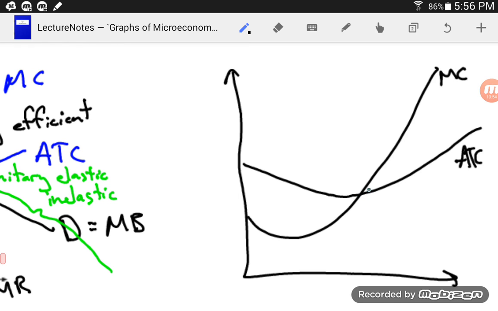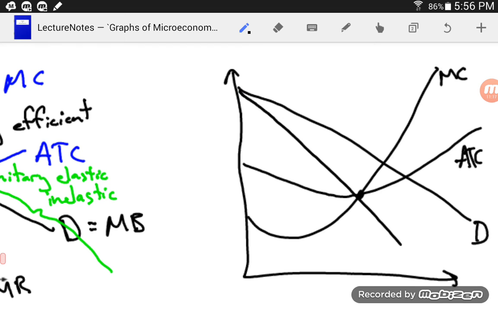And of course it should intersect at the lowest point. And by the way, that point, as it is with all of them, I think I mentioned it before, is the lowest cost of production. That's the most productively efficient point. But then we're going to draw in a demand curve, and at half that negative slope I'm going to draw in a marginal revenue curve. Now this time it happened to hit right there. That's just the magic of my drawing more than anything else.